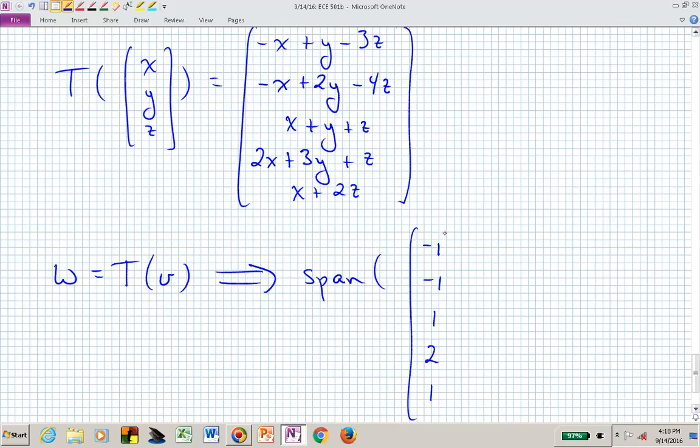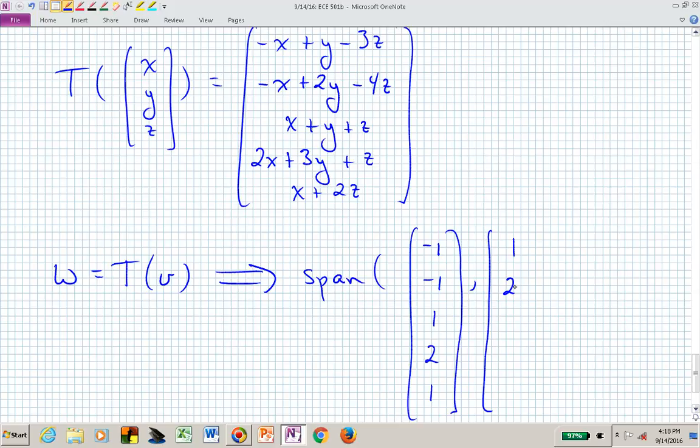Do you see where that came from? If I put y's to 0 and z's to 0 and x's to 1, that's going to give me one column in my vectors that are spanning my output vector space, and they may not, it's giving me my range of T, which may not be surjective. The second one, let me set y to 1 and x and z to 0.